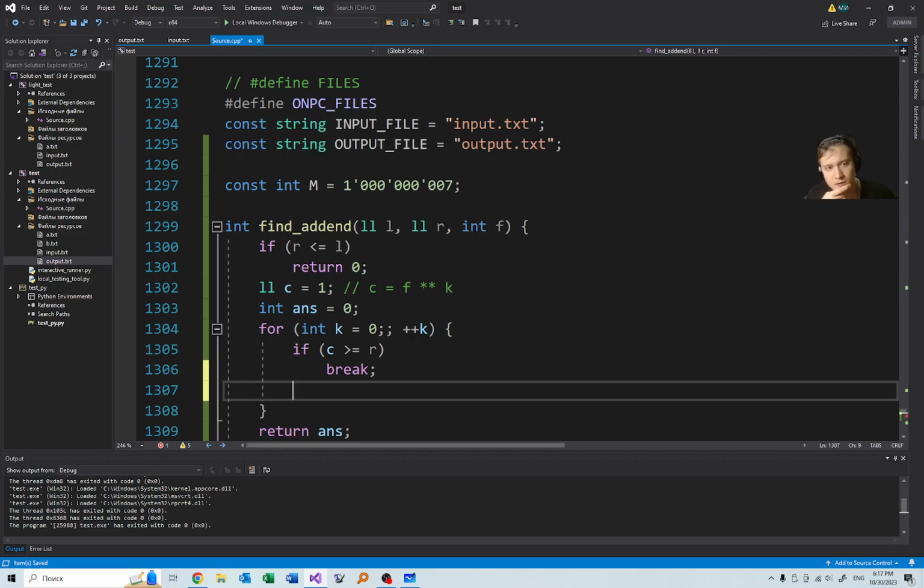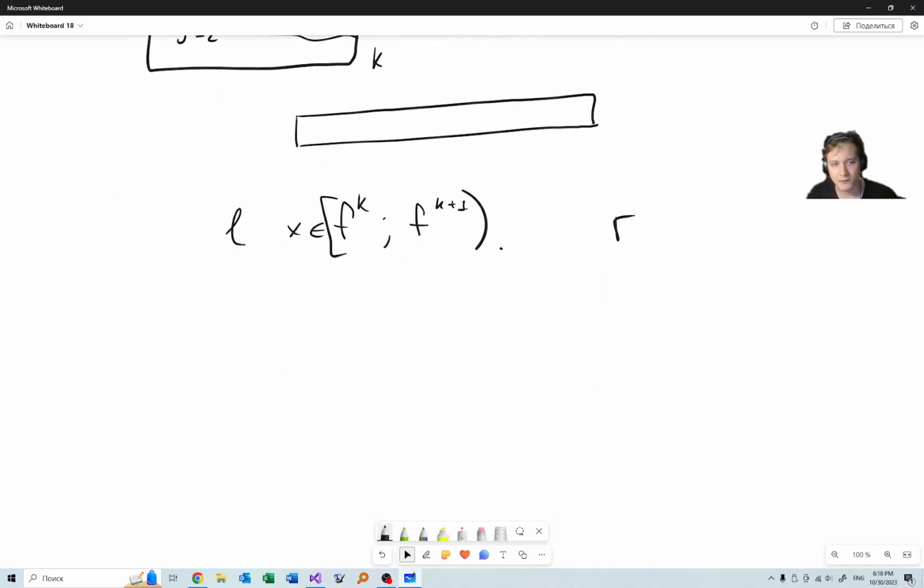Otherwise, we need to find the new right border. So what we would like to do, we would like to say that if this is number C, then this is number C times F. This would not be correct because it can overflow. So it can be greater than 2 to the 63 minus 1. We do not want to allow this.